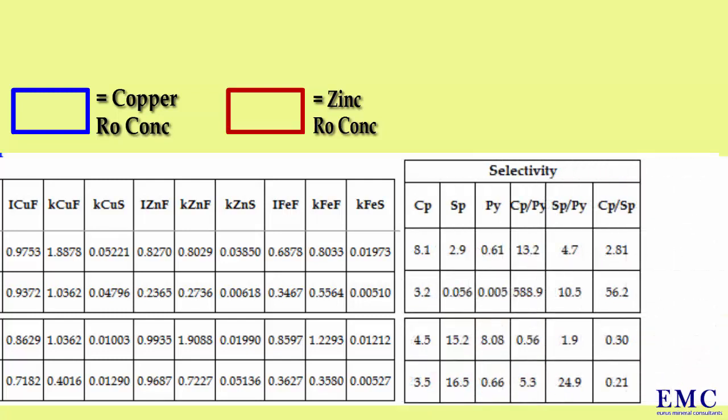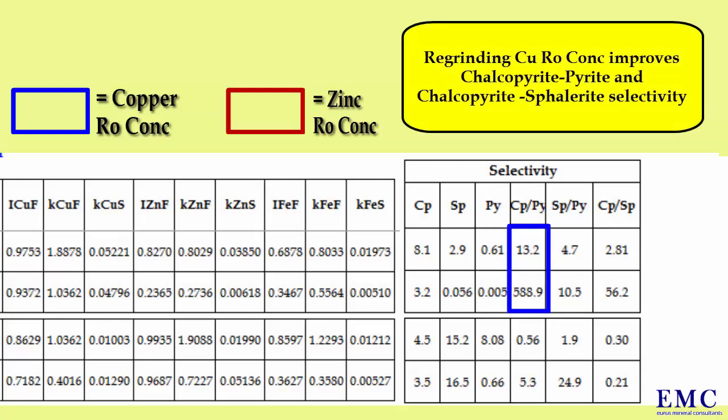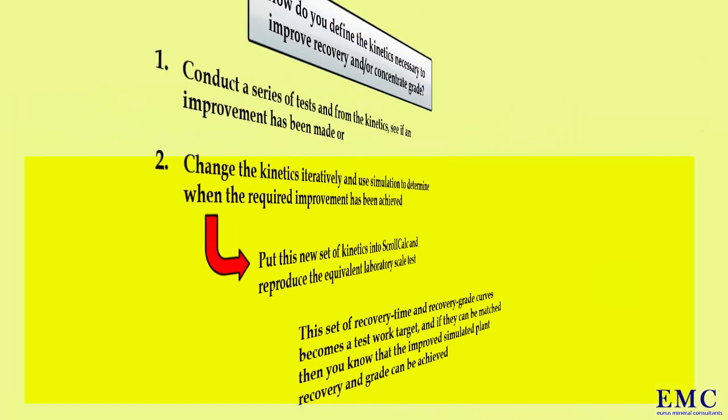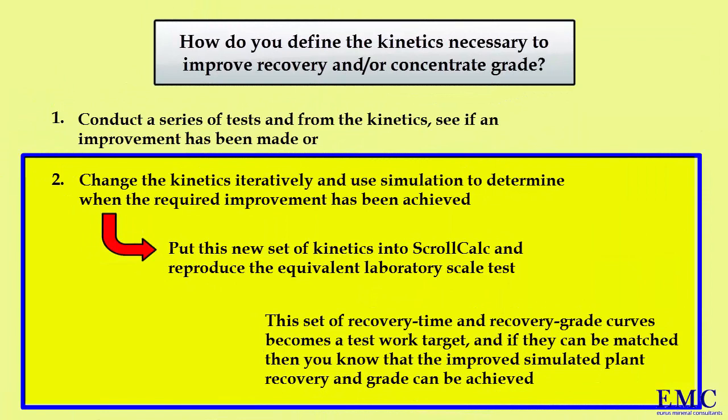If mineral selectivity is shown, it is clear that regrinding in the copper circuit improves the liberation between chalcopyrite and pyrite, and chalcopyrite and sphalerite, and regrinding in the zinc circuit improves the liberation between sphalerite and pyrite. The second way is more unusual, and this will be described in more detail.